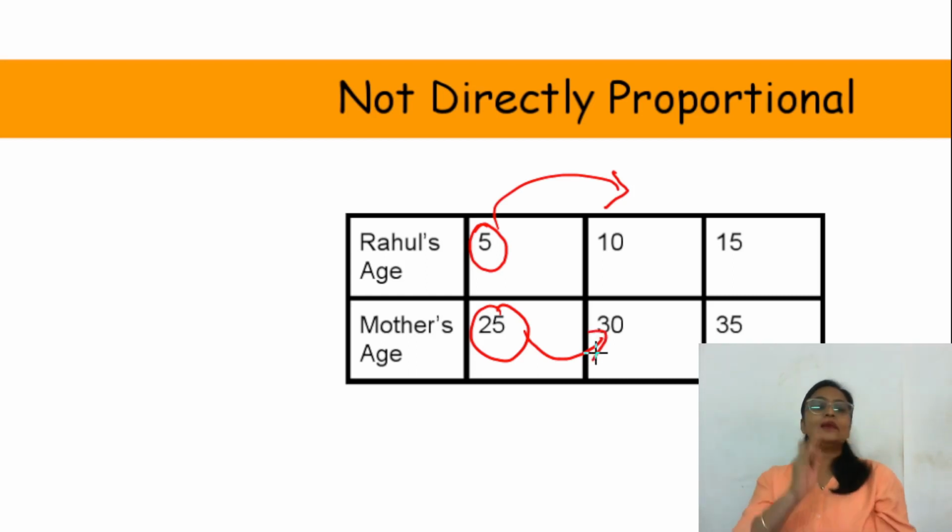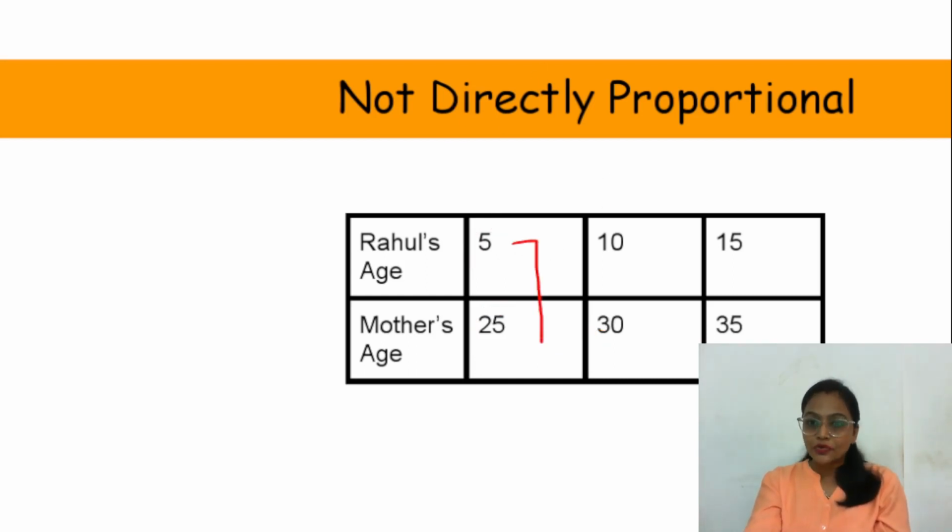But still I am saying that they are not directly proportional. Why? Because their ratio is not constant. If we take the ratio of Rahul's age and his mother's age every time, we will see what it will come to. 5 by 25. This time the ratio is 1 by 5, right?